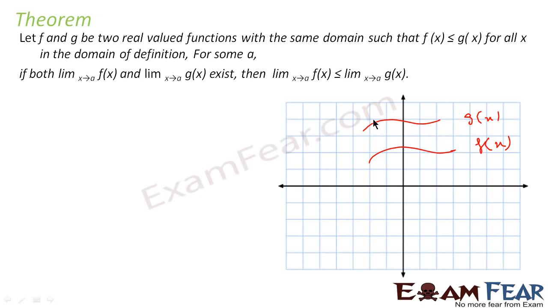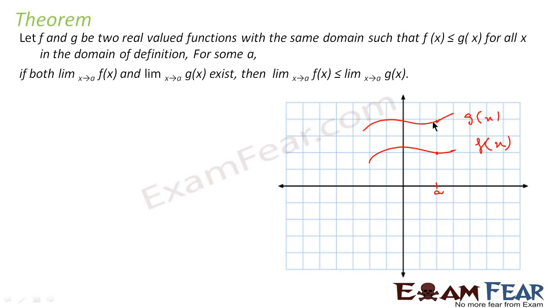Now it is saying that if the limit of both these functions exists at a point a, then the limit of g(x) will be greater than the limit of f(x). Very simple actually.